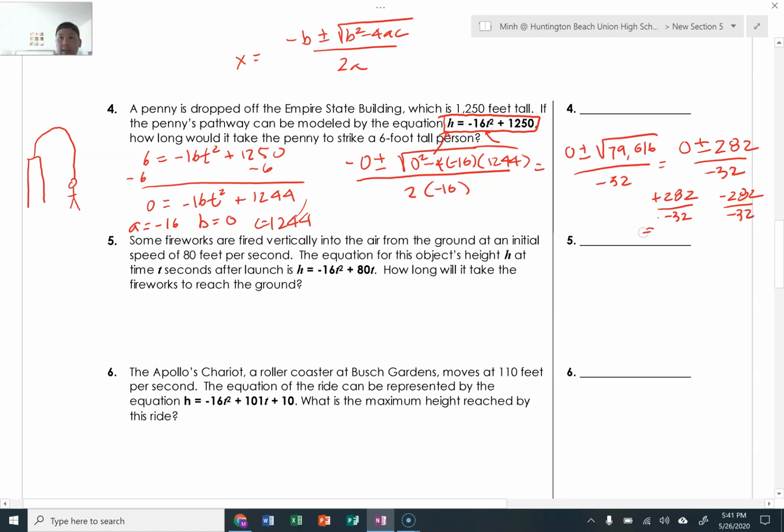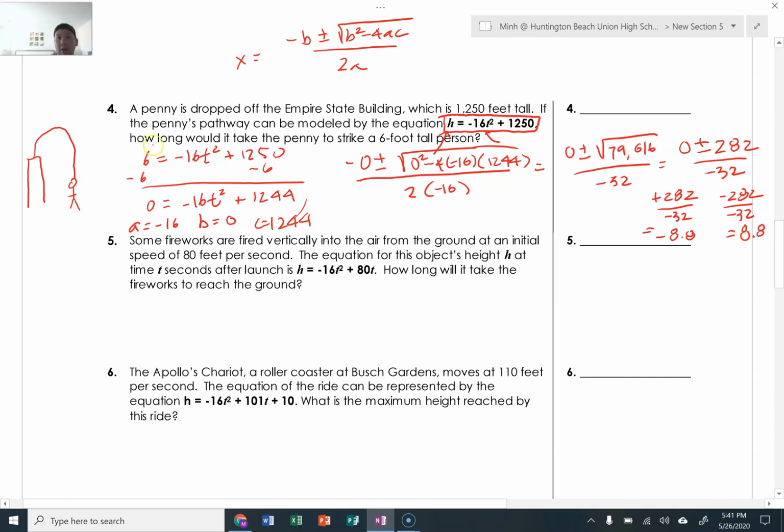The first one, when you divide it, 282 divided by negative 32, gets me negative 8.8 seconds. This one right here, negative 282 divided by negative 32, is going to be positive 8.8. Now, we've got to make sense of it.